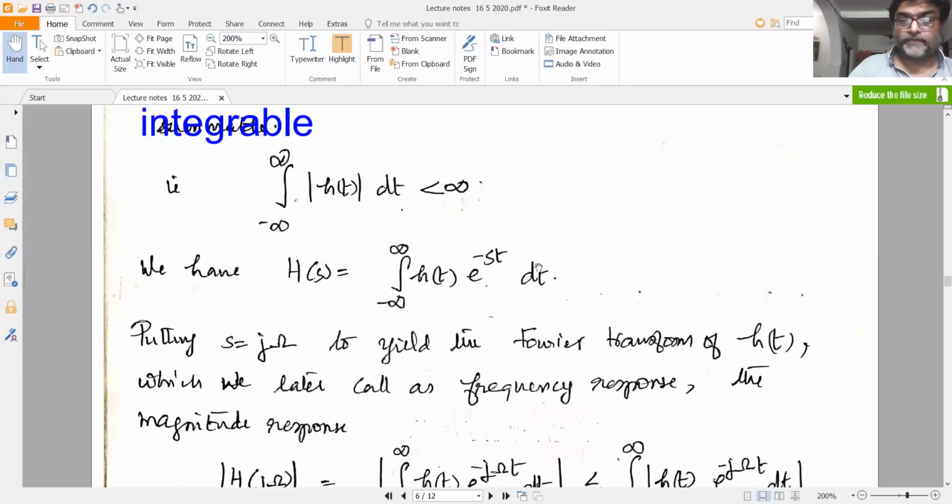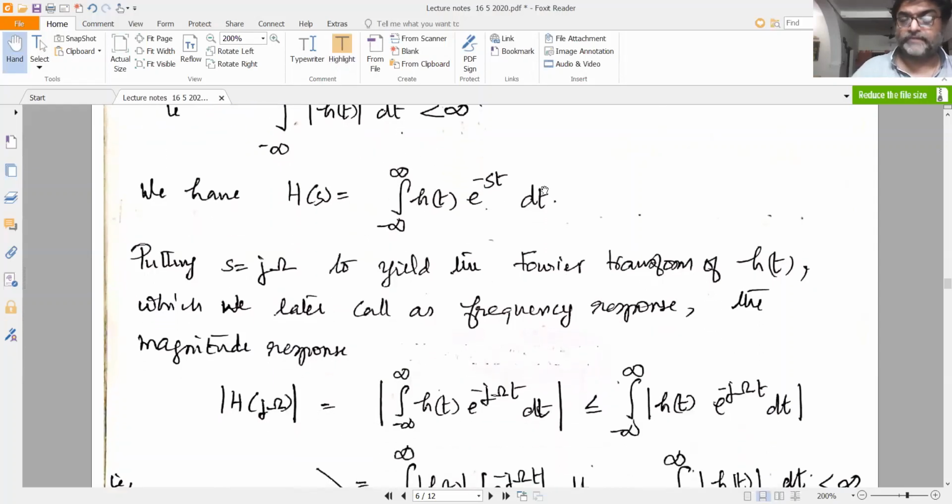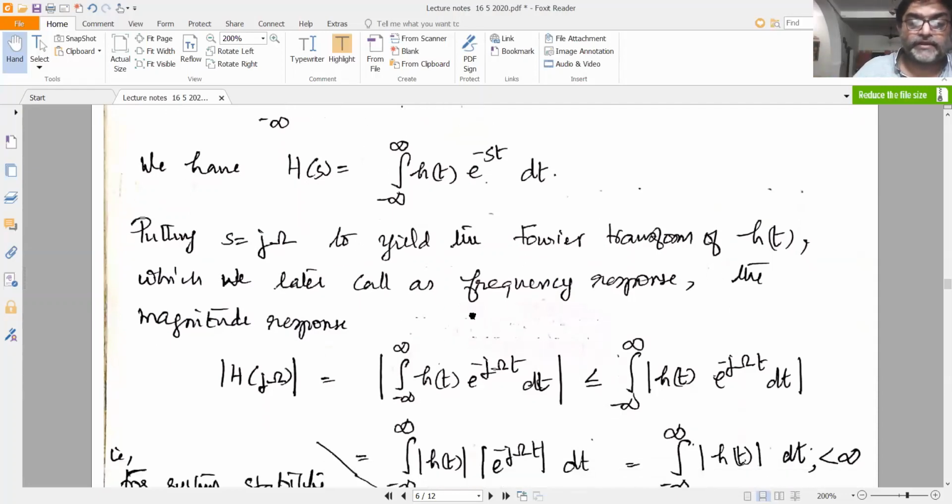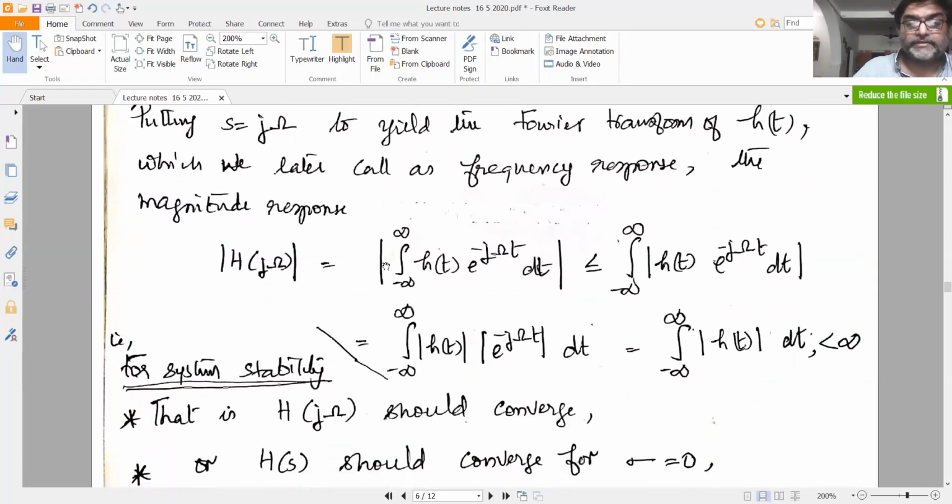That frequency response, as you will later see, will have what is known as the magnitude response, which is just the modulus of H(j omega), and the phase response, which is the angular part of H(j omega). So modulus of H(j omega), you can write as modulus of the integral from minus infinity to plus infinity of h(t) e raised to minus j omega t dt.